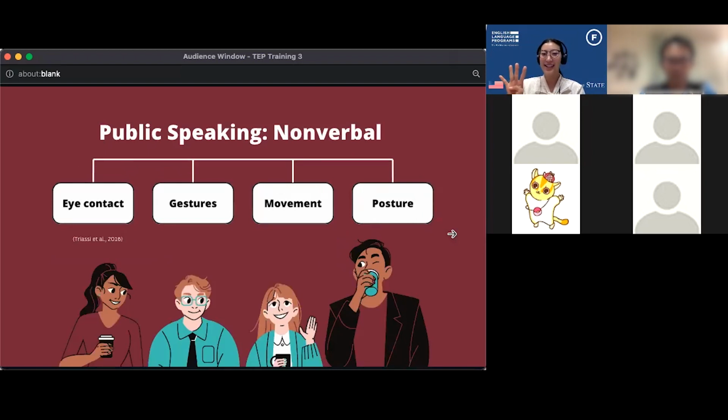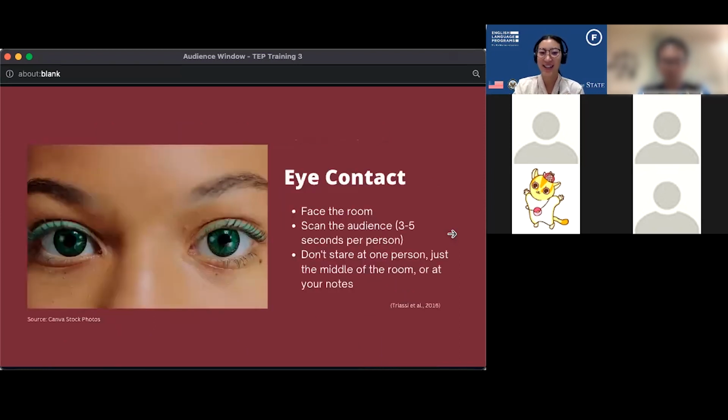So the 4 areas are eye contact, gestures, movement, and posture. So let's go through each of these. Eye contact. Now, one thing I want to mention about this is obviously this depends based on culture.